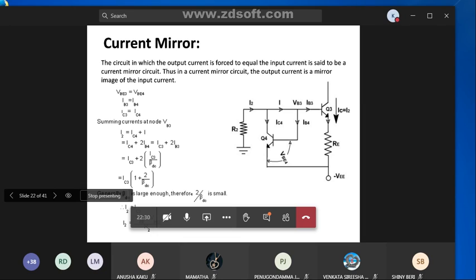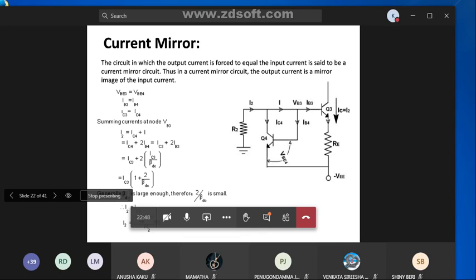So what is a current mirror? As the name implies, in the current mirror circuit the output current is equal to the input current.